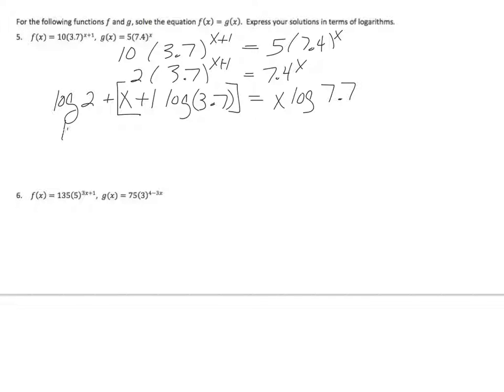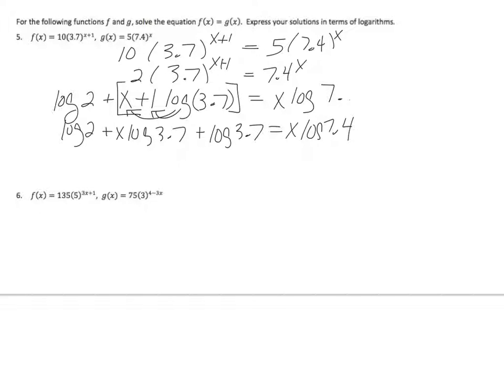So here I have log 2 plus x log 3.7 plus 1 log 3.7 equals x log 7.4. So that's where we are right now.